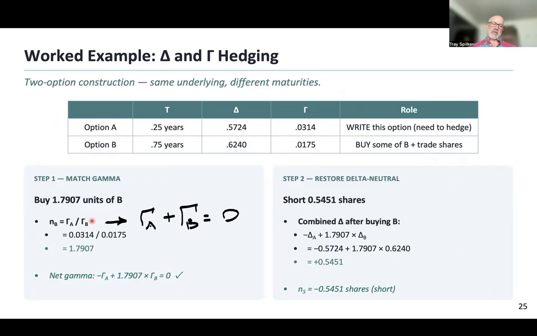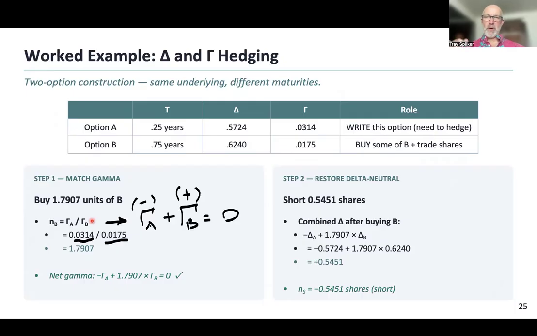And of course, option A we wrote, so it enters as a negative value. And option B we're going to be buying, so we'll be long gamma on that particular one. And so when we calculate the number of units here, we'll see that clearly we need to buy more than one, because our written exposure gave us exposure of negative 0.0314 gamma, and we're buying one with about half of the gamma exposure.